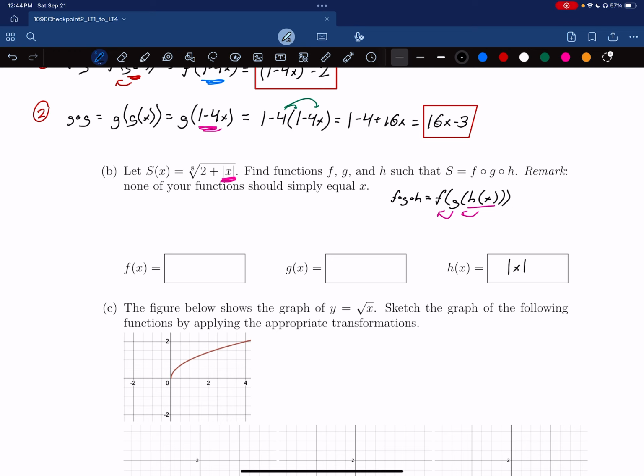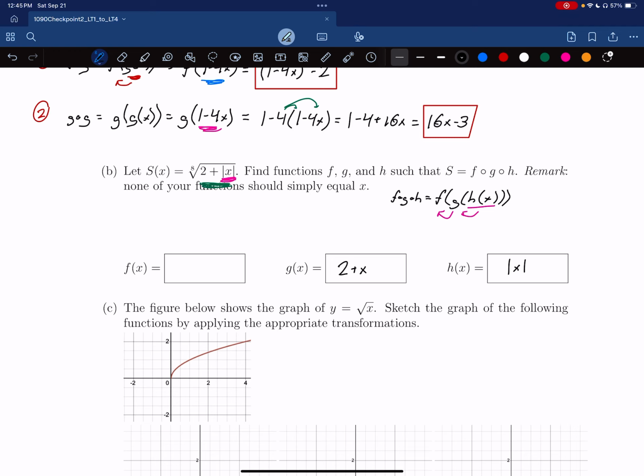So now we need to move out again to g, which the next most innermost function is 2 plus the absolute value of x. But we've already defined that h of x as the absolute value of x. So we will just write g of x as 2 plus x, since x will end up being the absolute value of x, and we've already defined that.